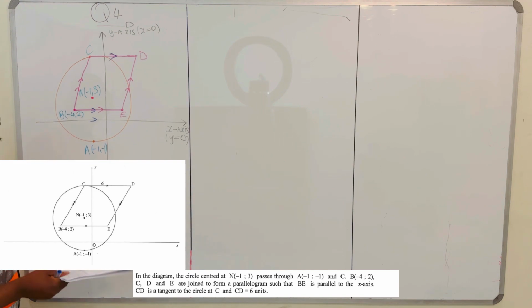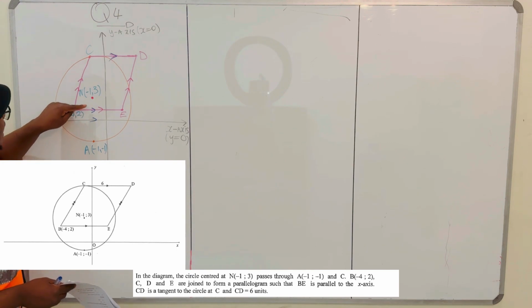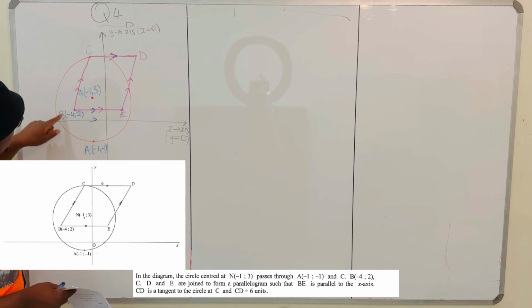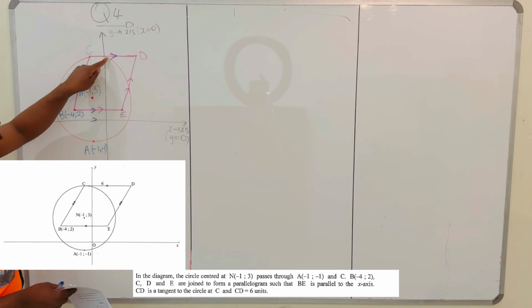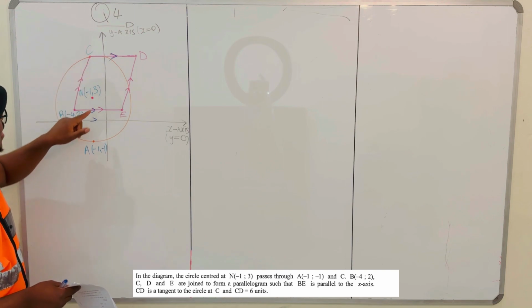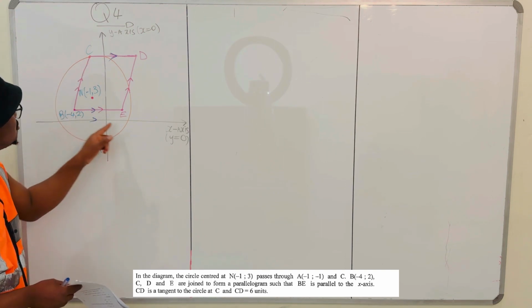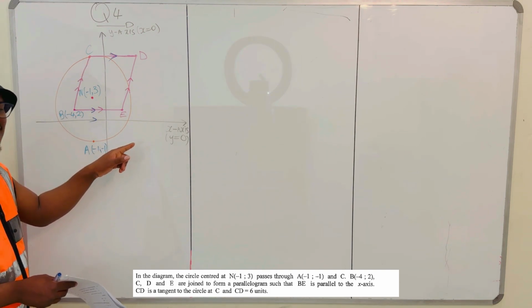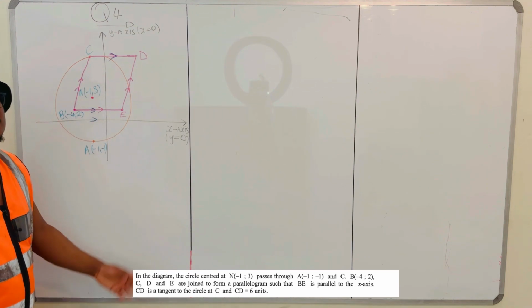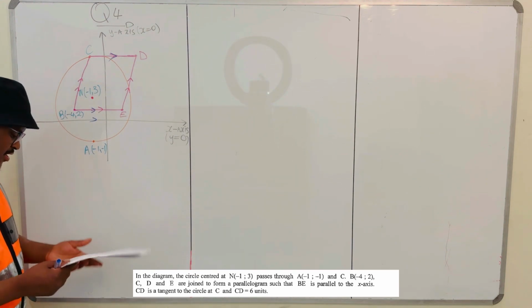So you have this line BE parallel to CD, and BE parallel to the x-axis. That means your CD is also parallel to the x-axis. No problem.